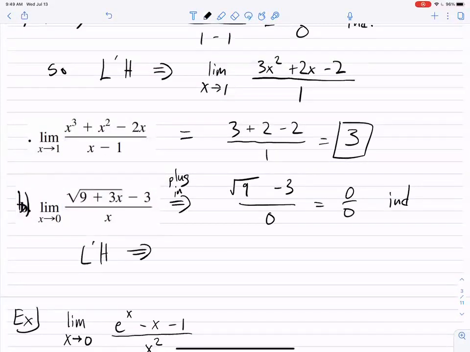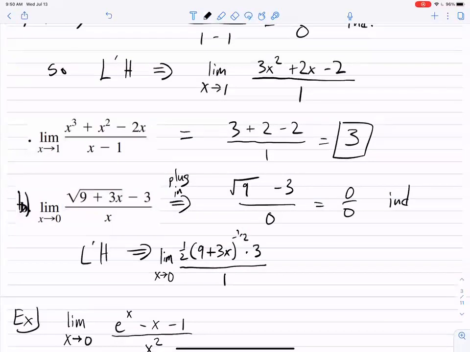The derivative of that is 1/2 times 9 plus 3x to the negative 1/2 times 3 all over the derivative of that, which is 1. And this needs to be the limit as x approaches 0.